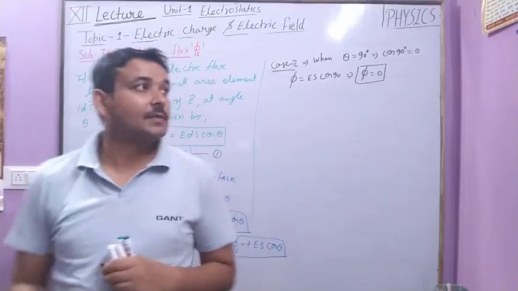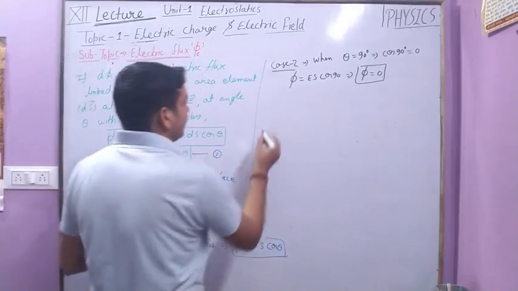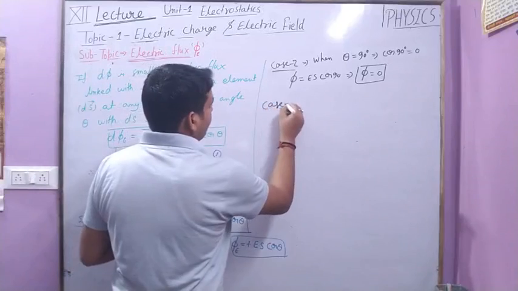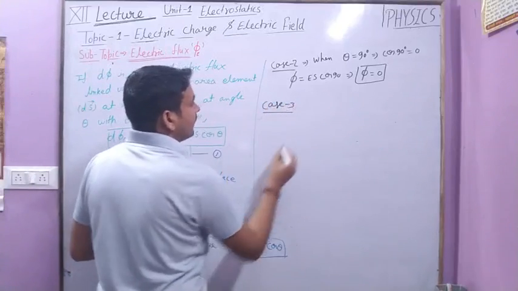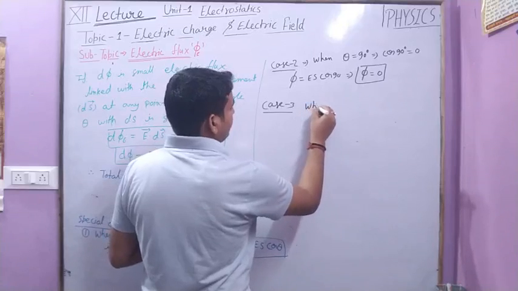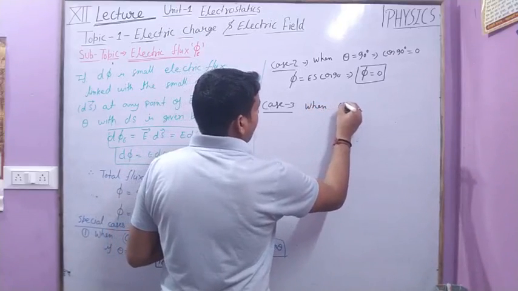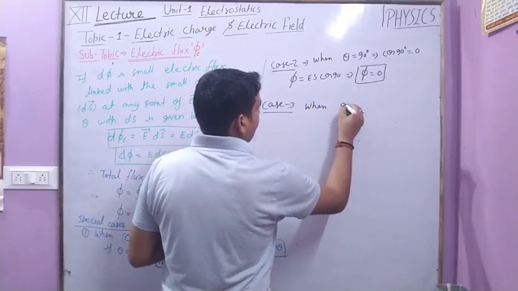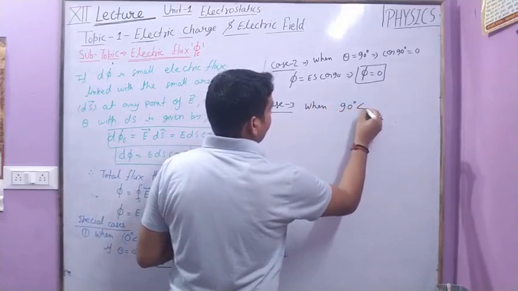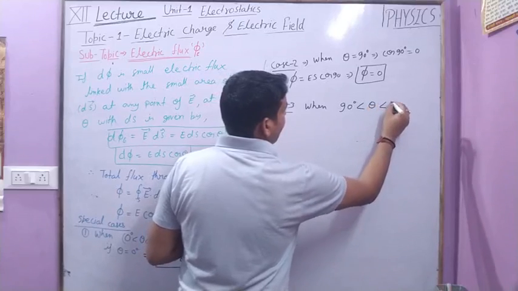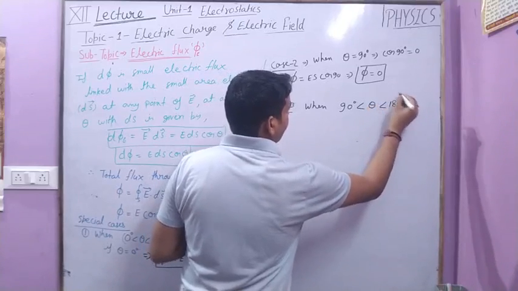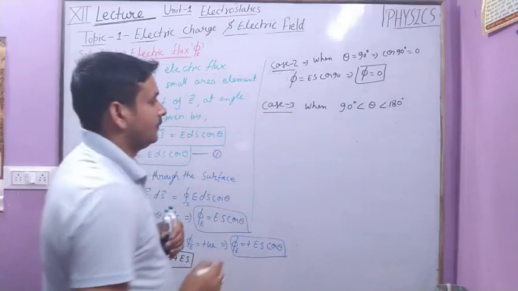Okay, and next we have the third case, case 3, when theta is greater than 90 degrees but less than 180 degrees.